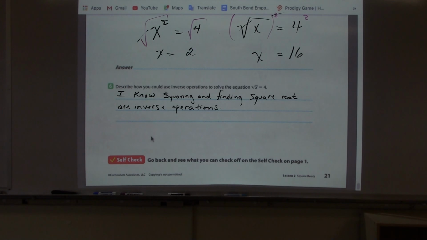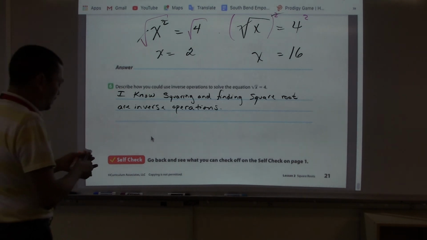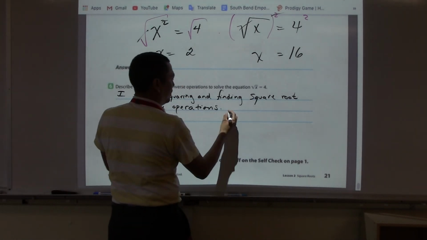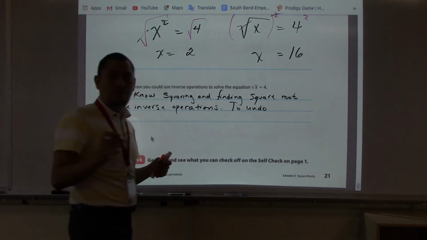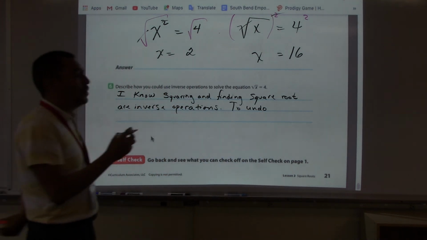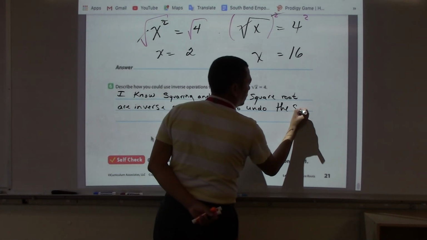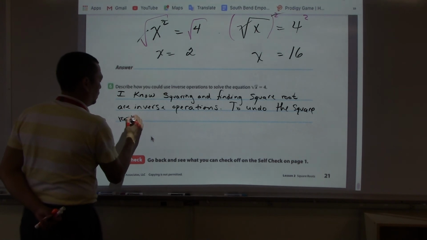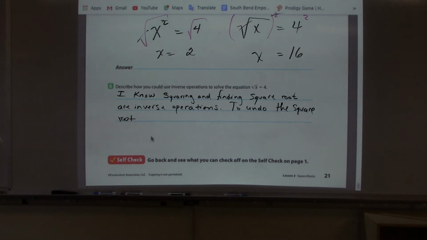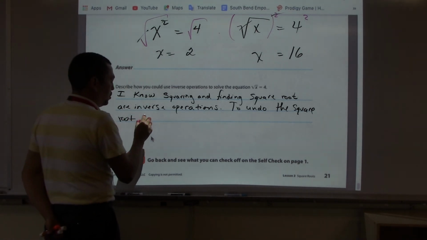Okay, so to undo the square root, I can square both sides of the equation.